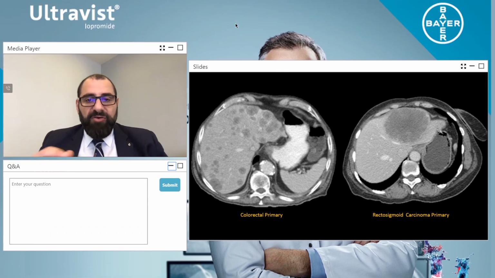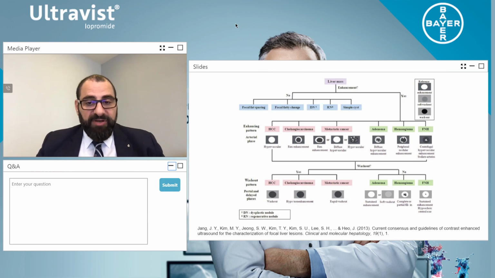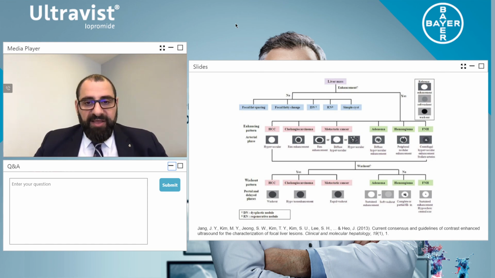So then if we're looking at a liver mass, this is a nice little table that I took from a publication from 2013. We have to look and say, okay, do I have enhancement of the lesion? Yes. Then we have to think to ourselves, it could be hepatocellular carcinoma, cholangiocarcinoma, or metastatic tumor, or it could be benign. The only way we can know between malignant and benign is having a washout phase.